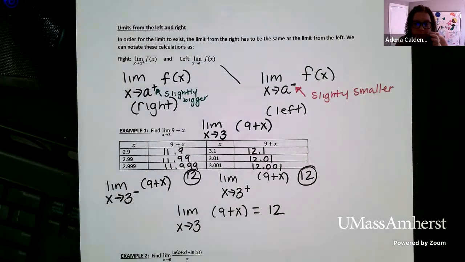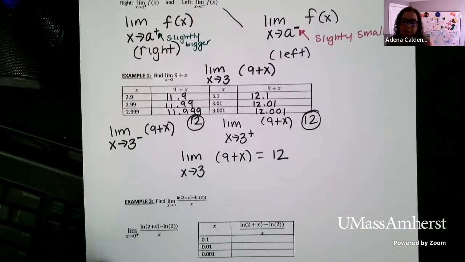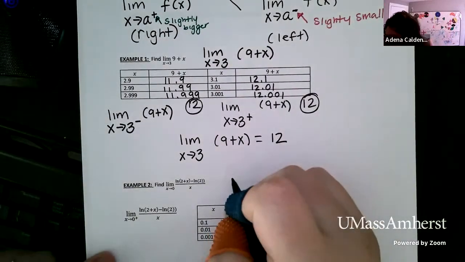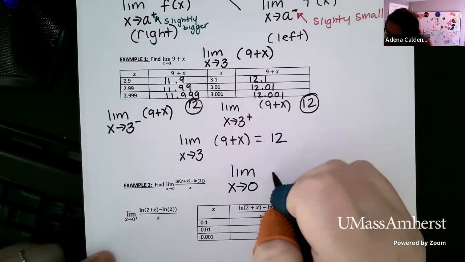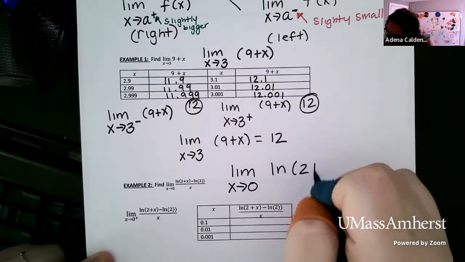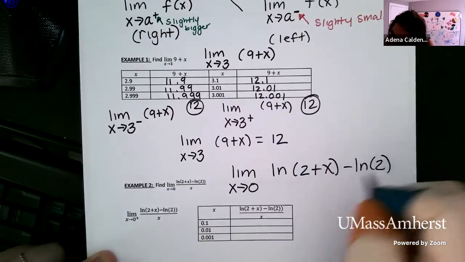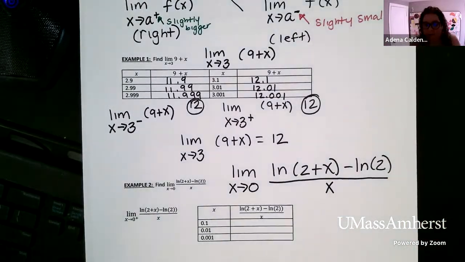So let's look at an example now where it may not be as obvious what this limit is going to turn out to be. So here we're talking about the function, I'm going to write this a little bit bigger. The limit as x goes to 0 of the natural log of 2 plus x minus the natural log of 2, all divided by x.